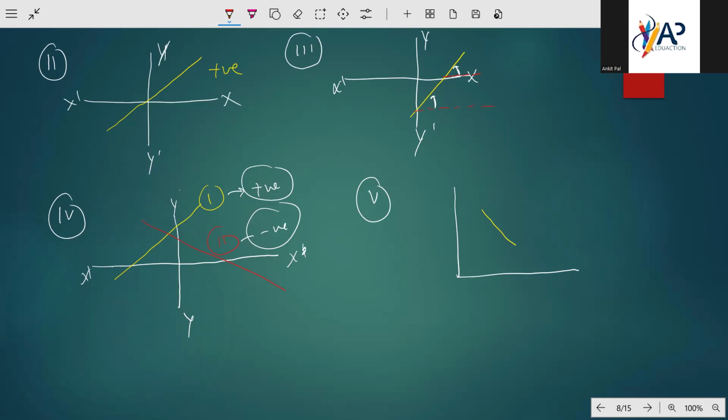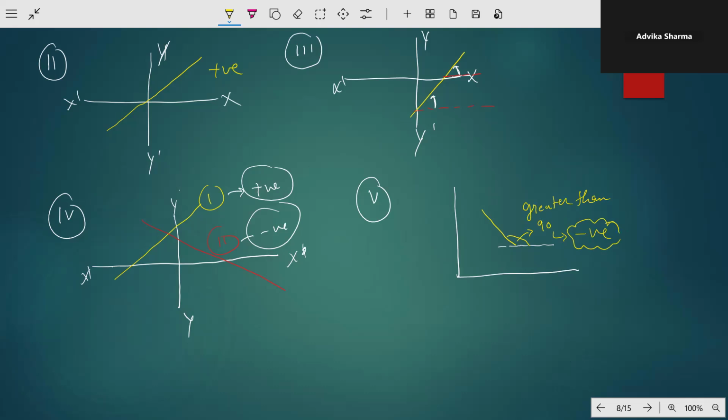If we draw here a line, the angle forming between these two lines is greater than 90 degrees, right? It means the graph is negative, right? Yes. Very good.